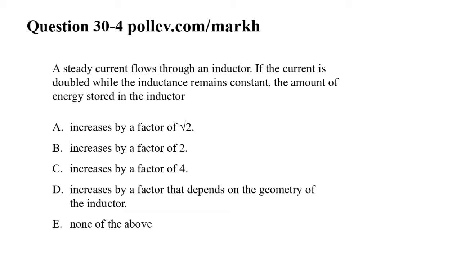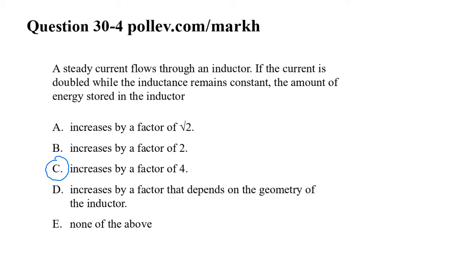So we had one person go for A, increases by a factor of √2, 2 for B, increases by a factor of 2, and 3 for C, increases by a factor of 4. What we're looking for here is C, increases by a factor of 4.